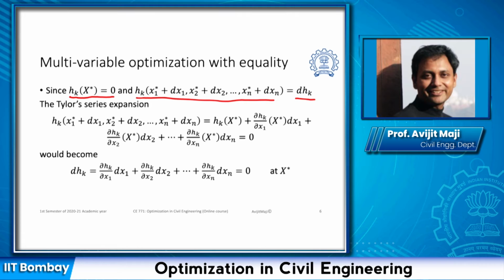So if we look into the Taylor series expansion again, we can clearly say that the left hand side is equal to the first order derivative of the constraint.